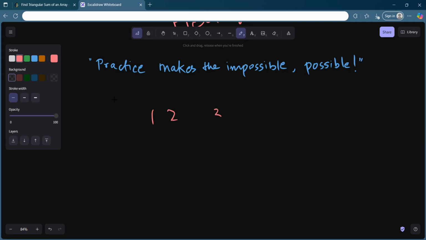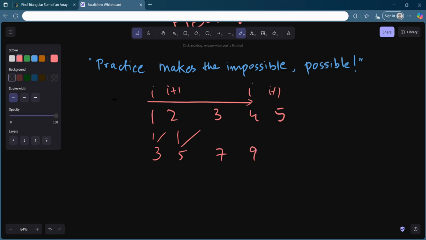In the first loop you go till here, and you add the ith element and the (i+1)th element to get the new array. If you add 1 and 2, you get 3. If you add 2 and 3, you get 5, you get 7 after that, and you get 9, and similarly you can just go on.